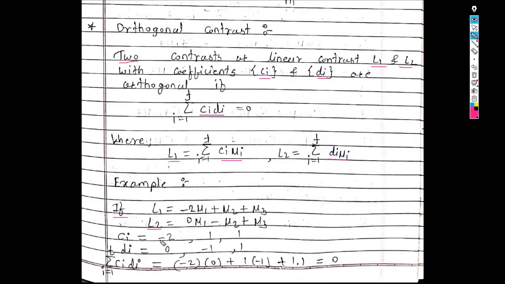Here ci equals minus 2, 1 and 1, and di equals 0, minus 1 and 1. So we find the sum of the products: summation i varies from 1 to t, ci into di equals minus 2 into 0 plus 1 into minus 1 plus 1 into 1. Here we have 0, and the minus 1 and plus 1 give 0. So we can say that these two linear contrasts are orthogonal to each other. This is about linear contrasts.